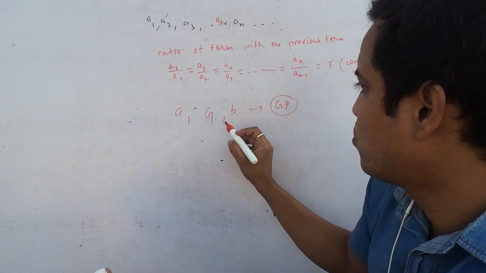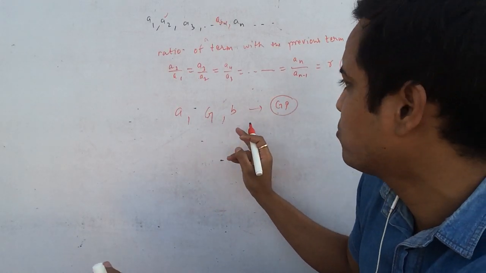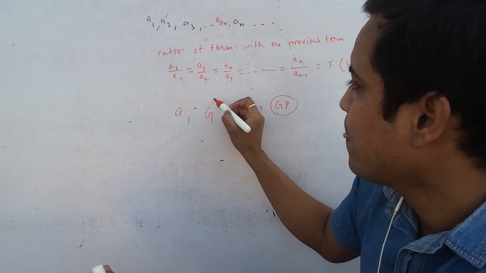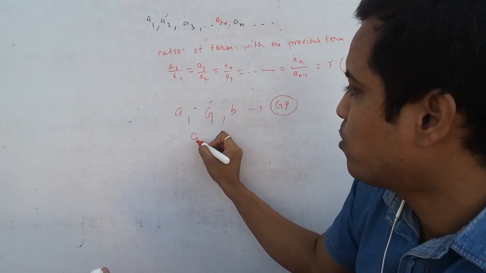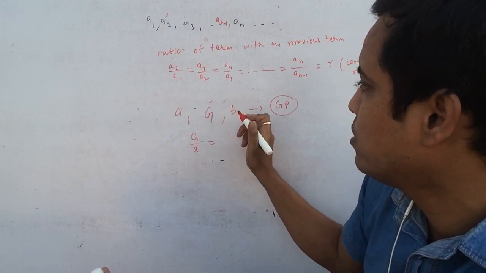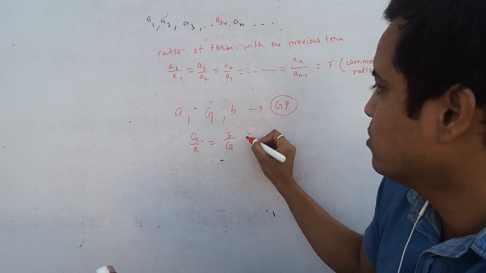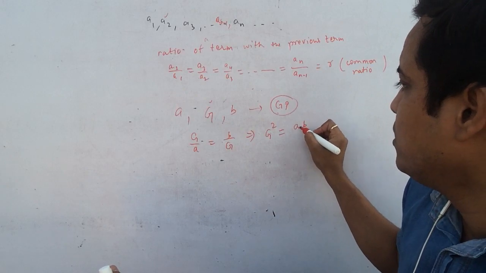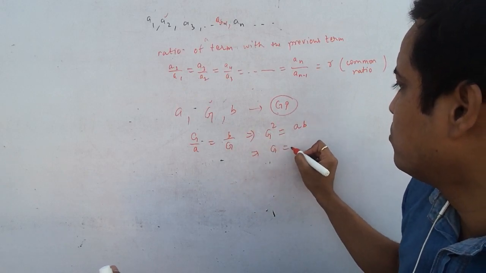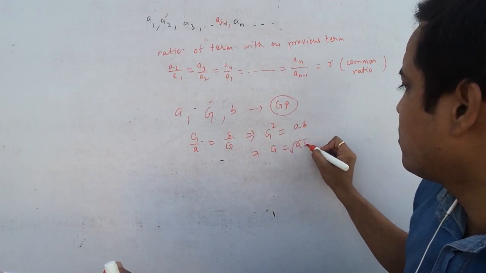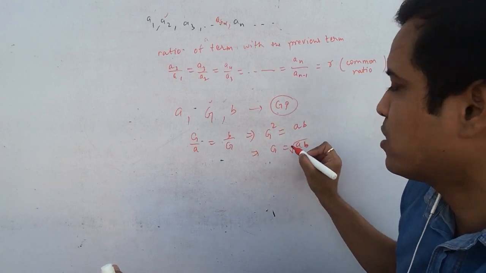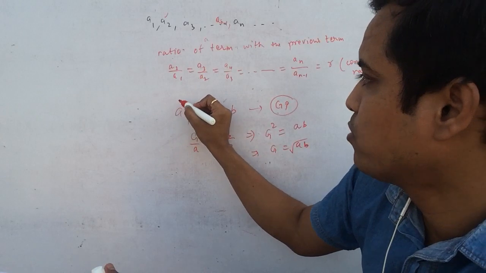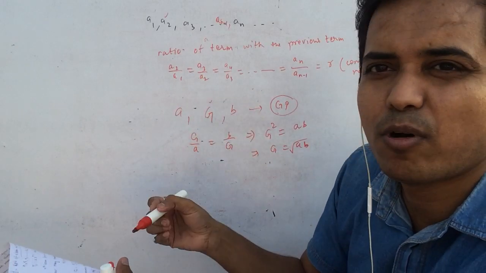What is the root of GP? That means the common ratio. You always get the common ratio by dividing the term with the previous term: G upon A equals B upon G. So in this way you get G square equals AB. That means G equals root AB, where I am not writing plus minus because A and B are positive numbers here.